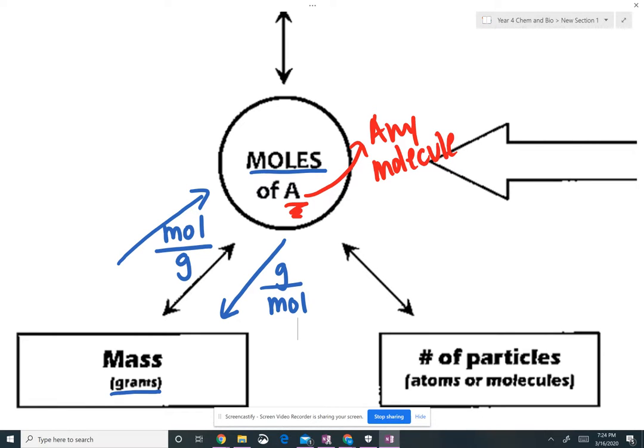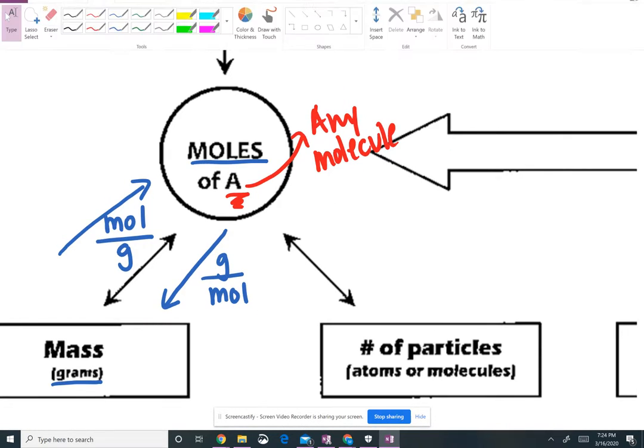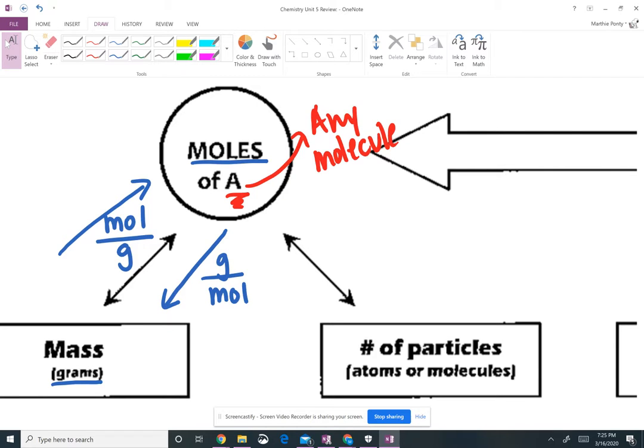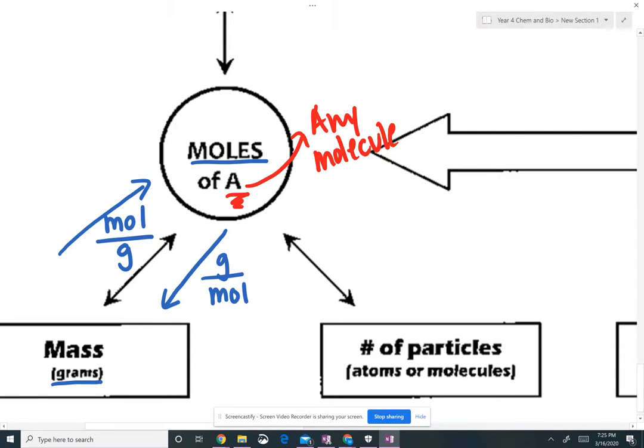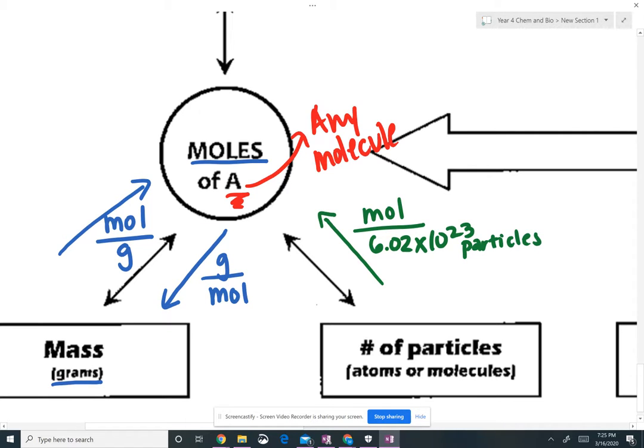Another conversion that you will commonly see is particles. You have particles on here. If you are going to go from particles to moles, you are going to end up with moles at the top. And there is 6.02 times 10 to the 23rd particles in 1 mole, right? You can also go the other way.